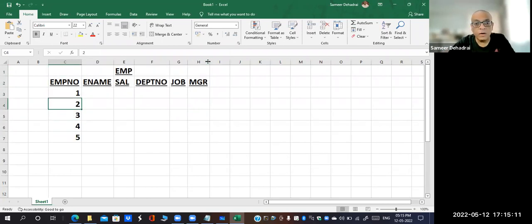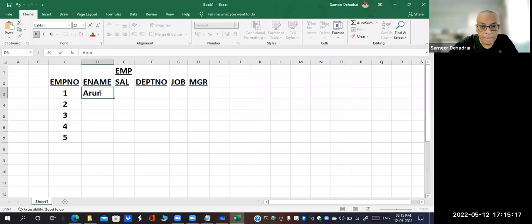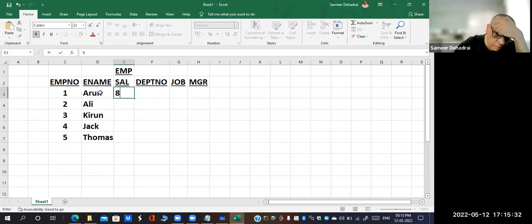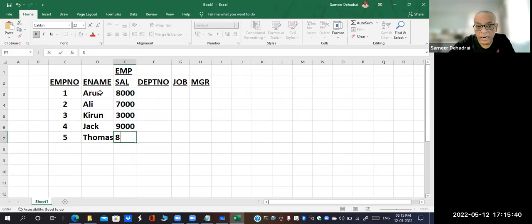Employee numbers are 1, 2, 3, 4, 5. Ename is Arun, Ali, Kiran, Jack and Thomas. In the SAL column, 8,000 and 7,000, 3,000, 9,000 and 8,000.